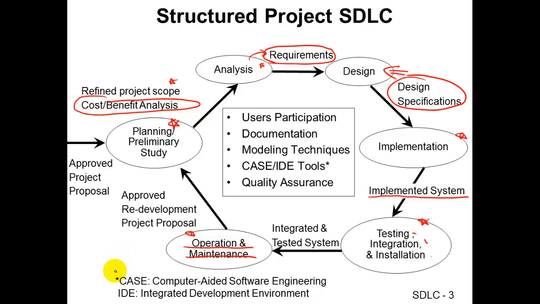Here I mark a number of things which are critical to the success of a system development project. One is users' participation. You want to get the users involved. They feel there's a kind of ownership: we contribute to it, we're part of the project team. It's much easier for you to work with them, and they would also come out and defend you in your final project because they feel that they are part of the team.